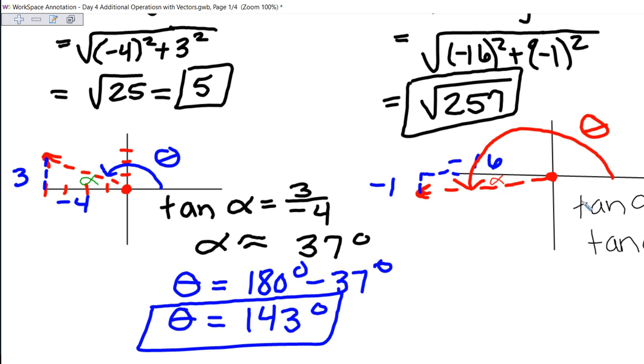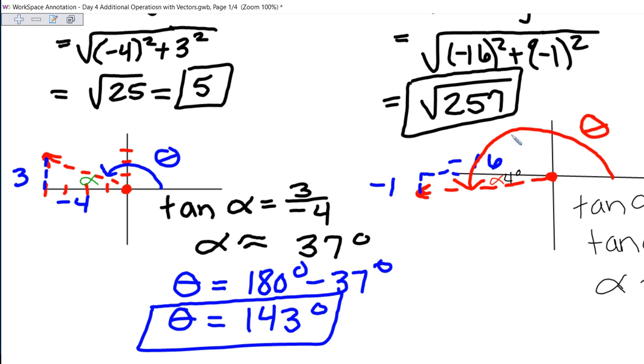Now again, we want our answer in degrees. We're going to round to the nearest whole degree, and that is an arctan value, so make sure you do second tangent. So second tangent of 1/16, what is alpha to the nearest whole number? 4 degrees. So if this angle is 4 degrees, how would I find the total angle for theta? Do I subtract it from 180?